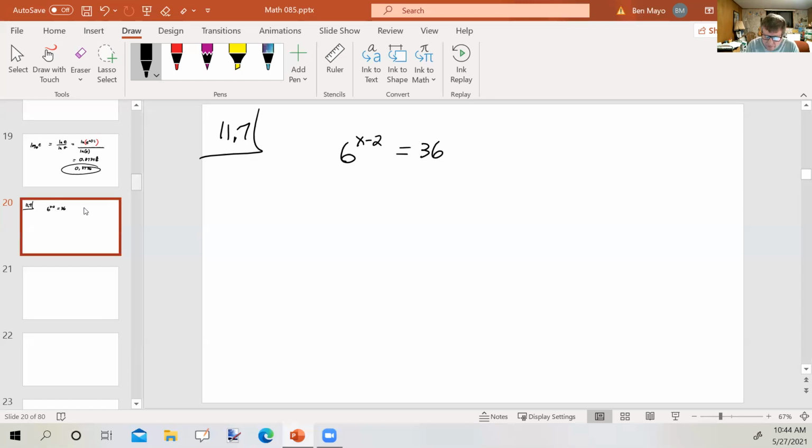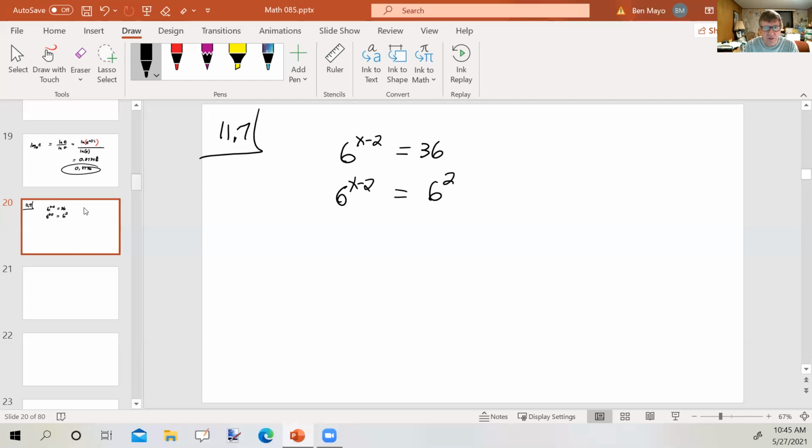So if I could rewrite this equation so that the bases were the same, the exponents would be equal. Well, I can take 36 on the right side of the equal sign and write it as 6 squared.